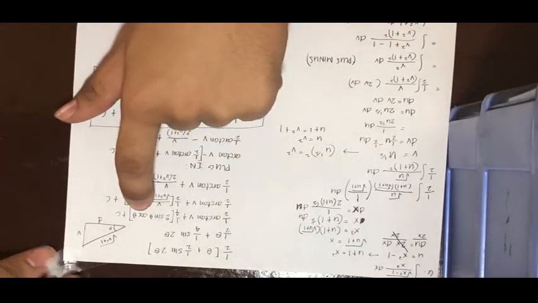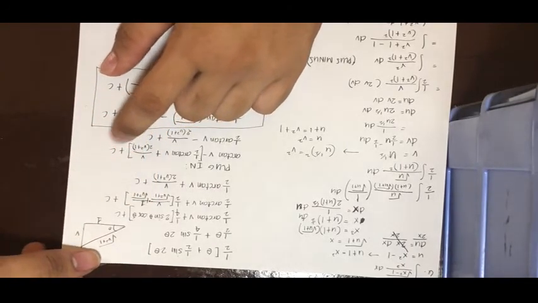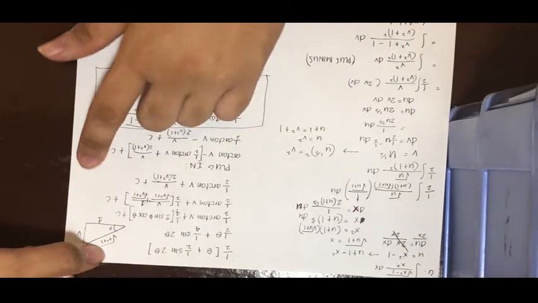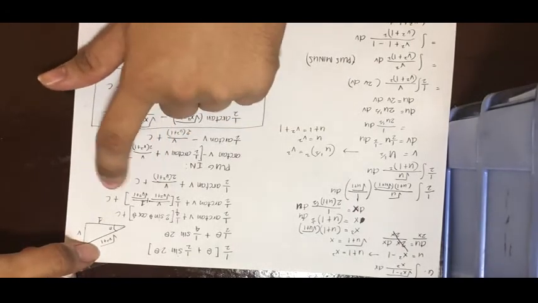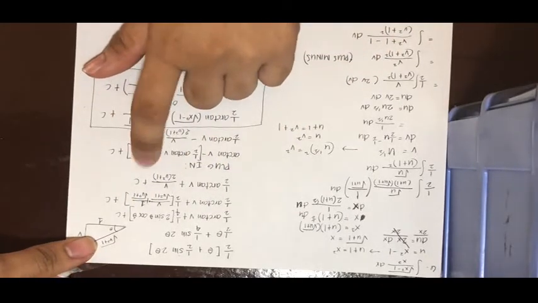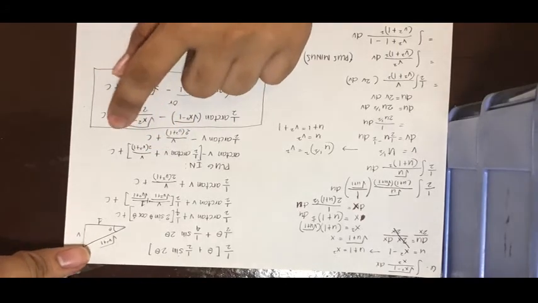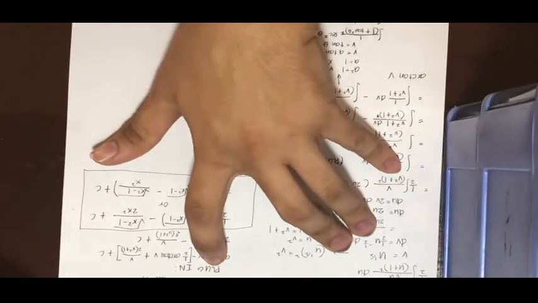And of course cosine theta is equal to adjacent over hypotenuse, so it's shown in this right here. So if we simplify this, we get 1/2 arctan v plus v over 2 times v squared plus 1 plus c. Now we have to plug this into what we got earlier.